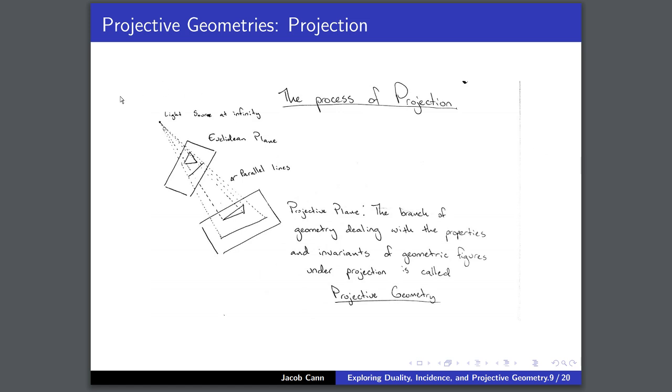So this process of projection is where you have an image on the Euclidean plane, a light source at infinity that gives off parallel lines, and then as the light passes through, say, a semi-opaque picture of the image on that Euclidean plane, it projects a secondary image on the projective plane. And these follow different rules, this image on the projective plane, than it did on the Euclidean plane.